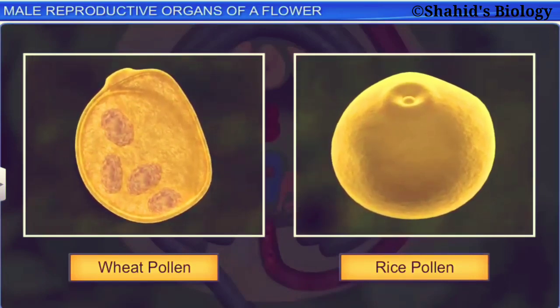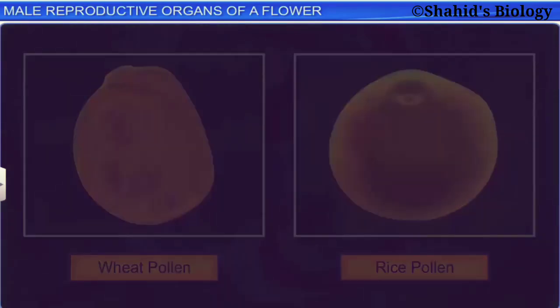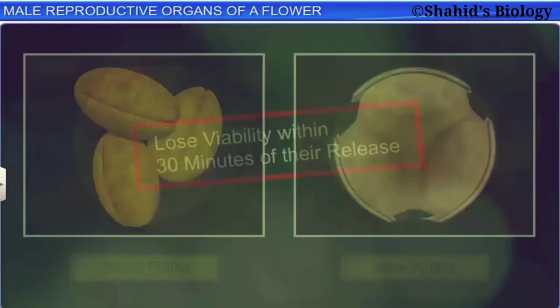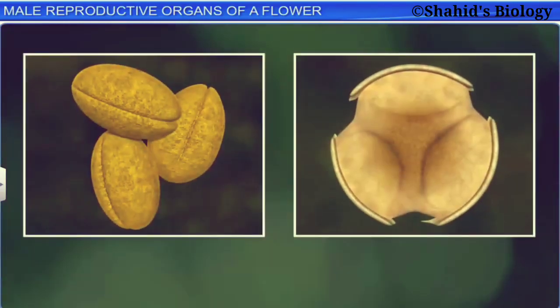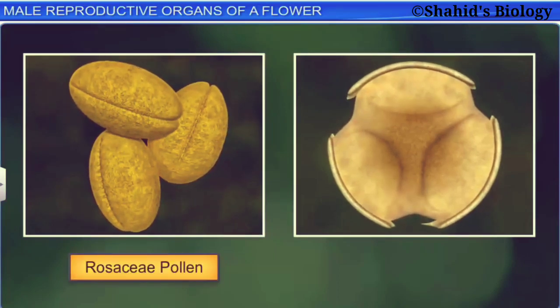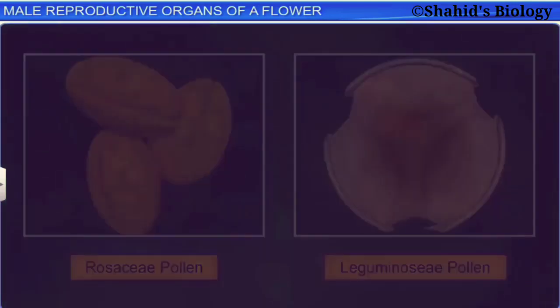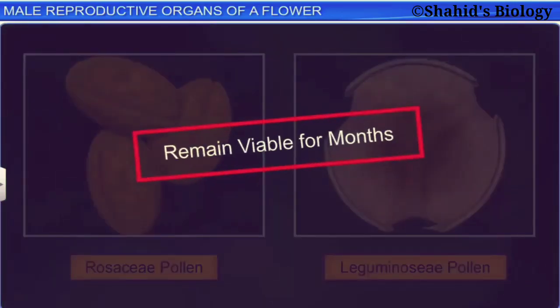Pollen grains of cereals such as wheat and rice lose their viability within 30 minutes of their release, whereas pollen grains of some members of Rosaceae, Leguminosae, and Solanaceae remain viable for months.